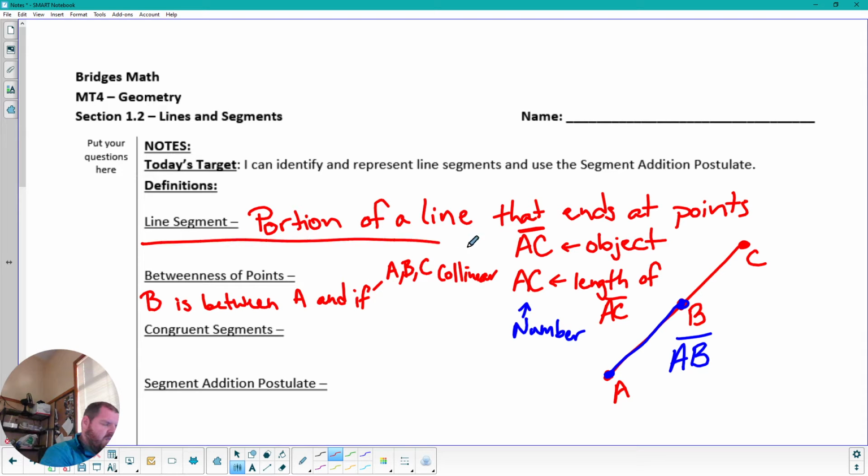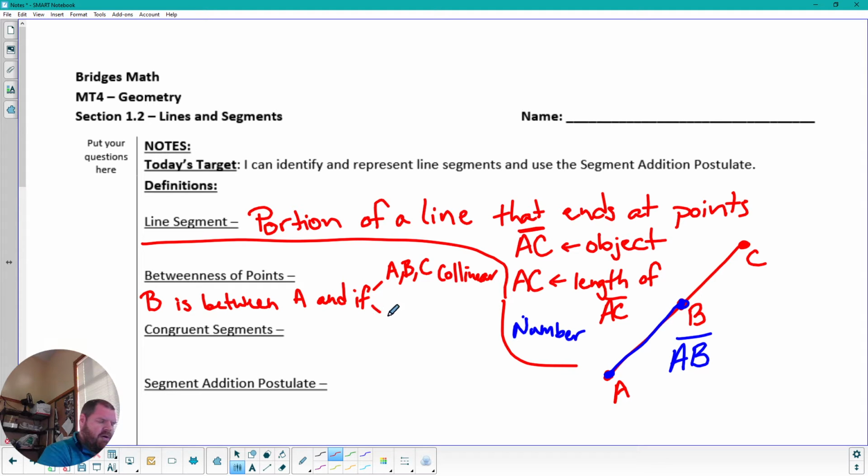So if A, B, and C are collinear, that's the first part that has to happen.